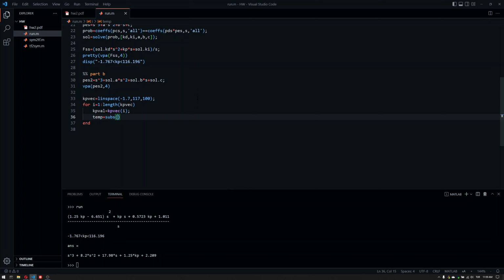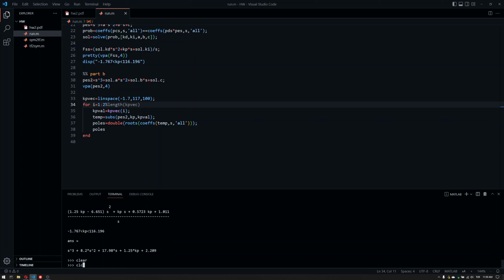Let's substitute the kp value into PS2. Now I'm interested in the roots, so let's call it poles, double of the roots of the coefs of temp in s, all poles. For the sake of simplicity, let me just iterate to 2, not the whole range.